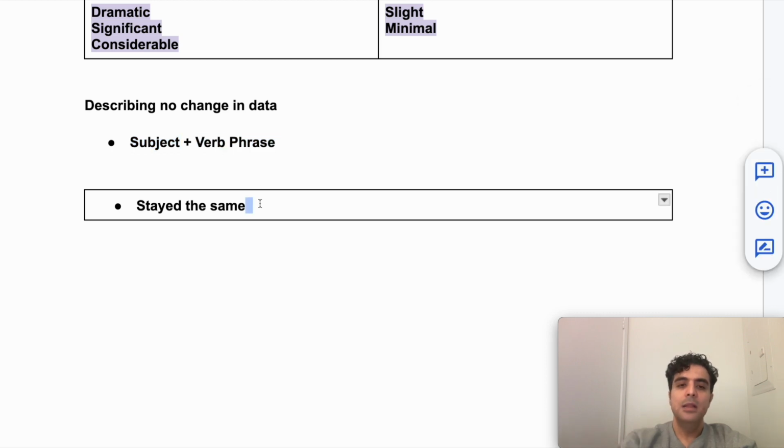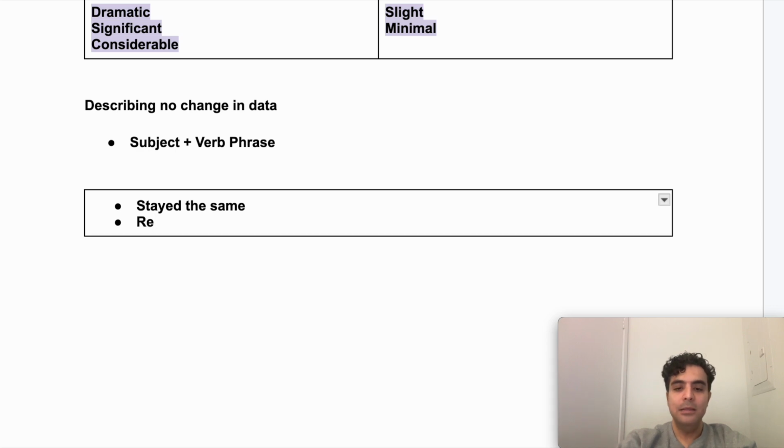You could say the number of students remained steady or remained stable. Right? Same structure, really. It's just different wording.